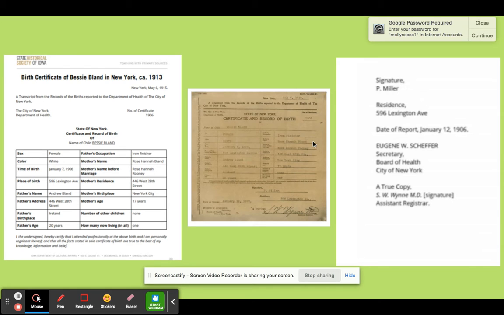This has her mother's name before she got married to Bessie's father, where her mother lives, where her mother was born, how old her mother is, if there are any other children.